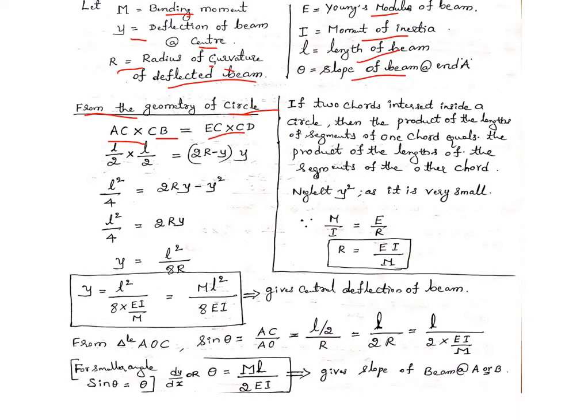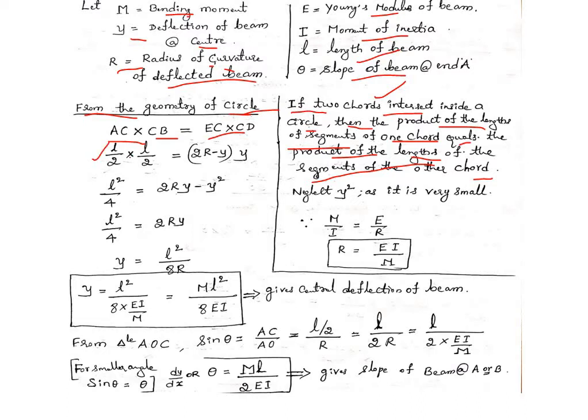This product says that if two chords intersect inside a circle, then the product of the lengths of the segments of one chord equals the product of the lengths of the segments of the other chord. So according to this theorem, we get AC into CB equals EC into CD.